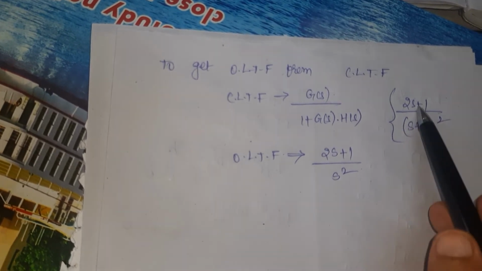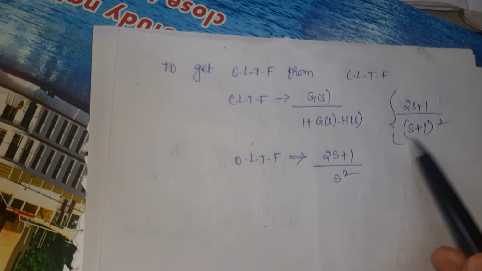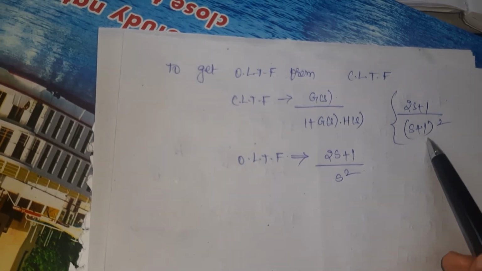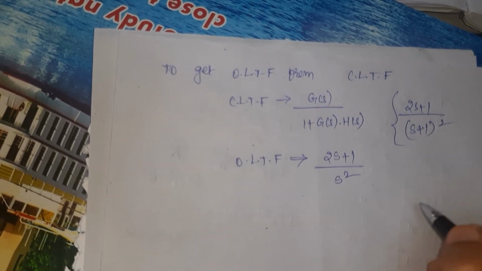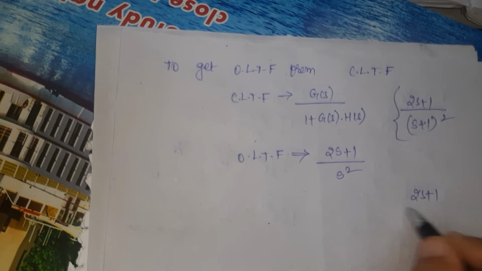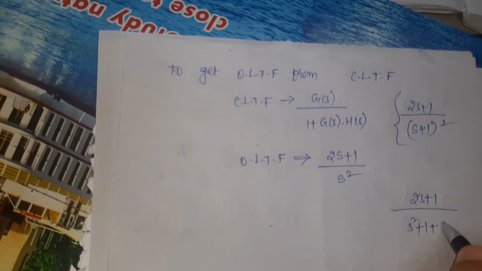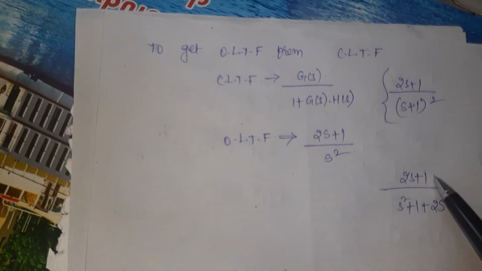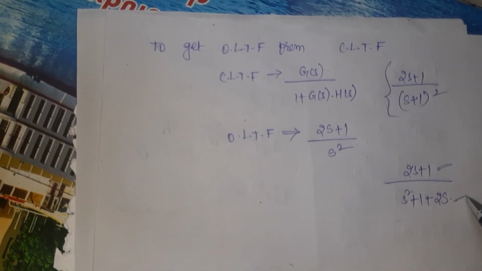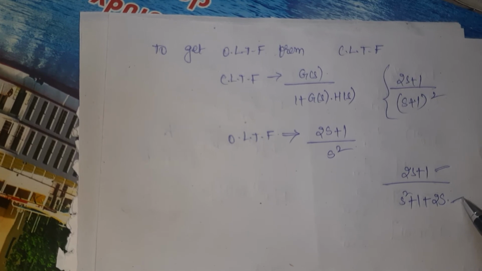So here 2s plus 1, just expand this one: s square plus 1 plus 2s. This is the numerator and this is the denominator.